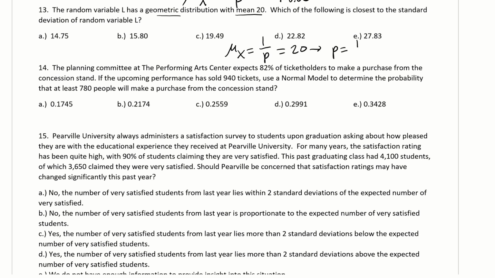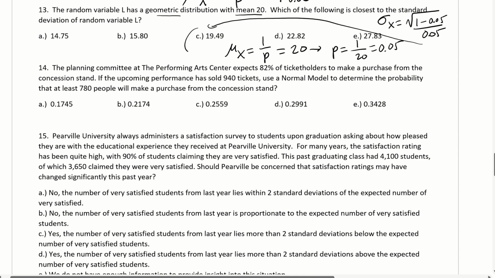So p is 1 over 20, which is 0.05. And then we can find the standard deviation. The standard deviation is the square root of (1 minus p) divided by p. Okay, we can calculate that. And then the answer for that is C.